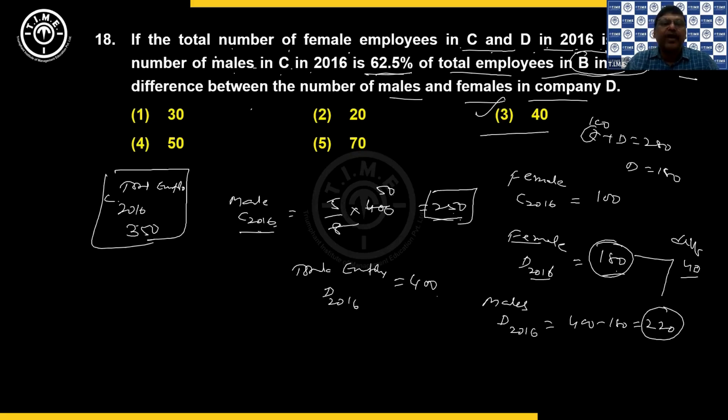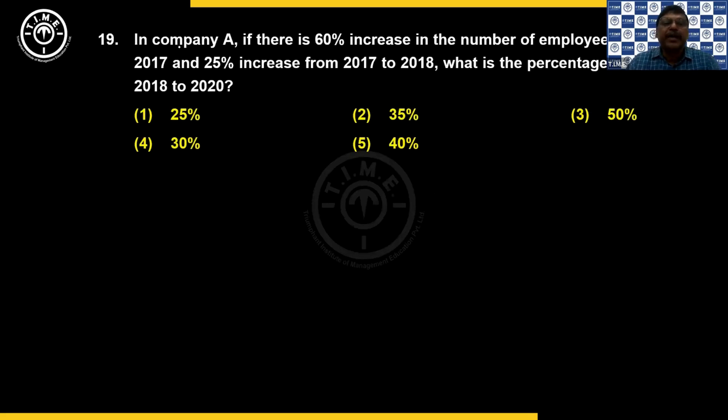Right. So friends, now let's go to the next one. Students, in company A, there is a 60% increase in the number of employees from 2016 to 2017 and a 25% increase from 2017 to 2018.